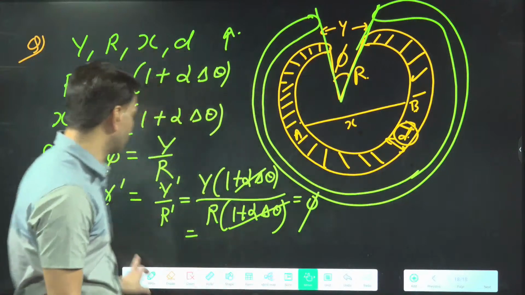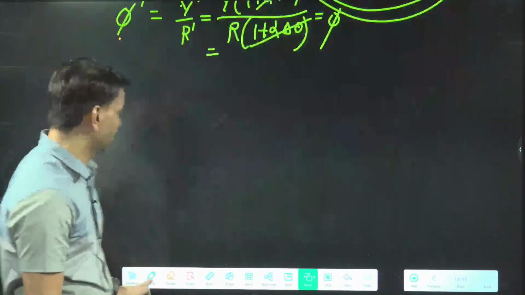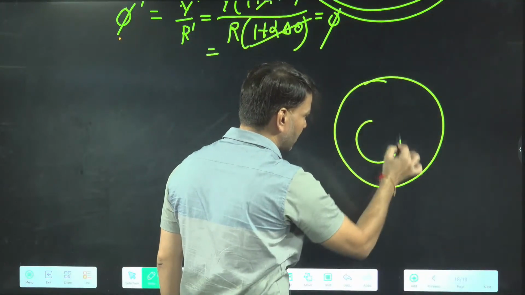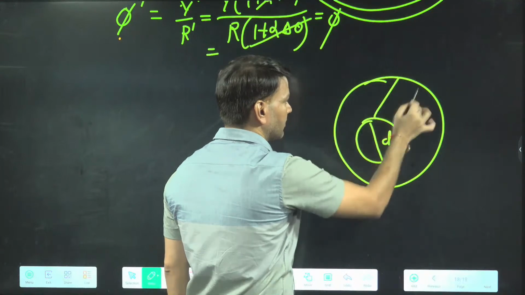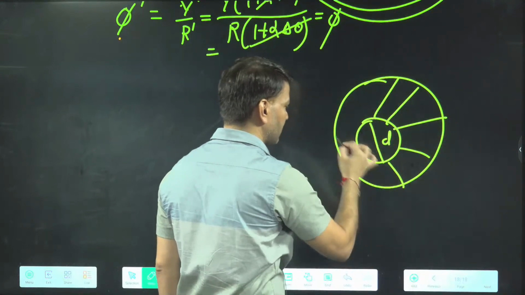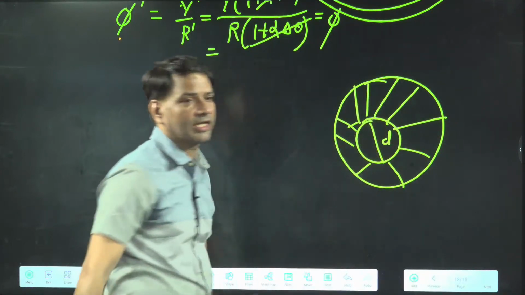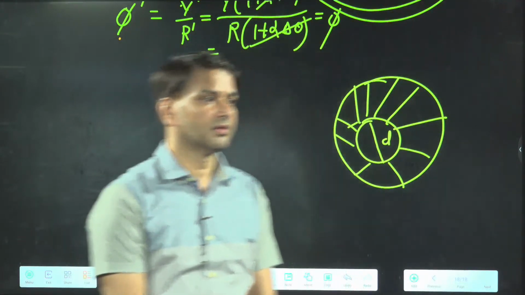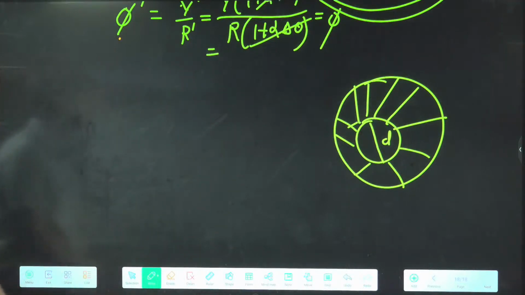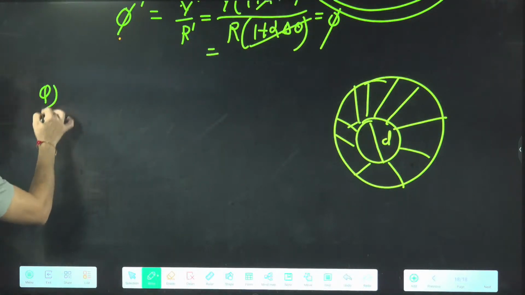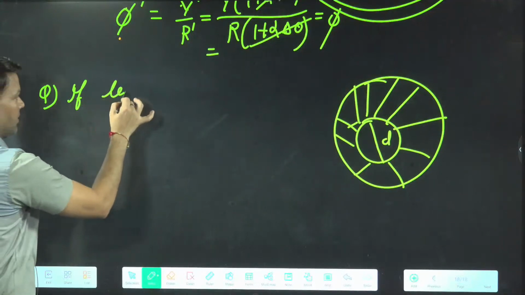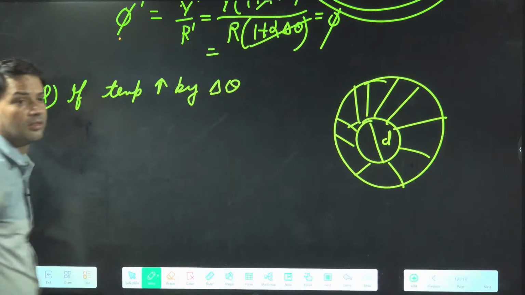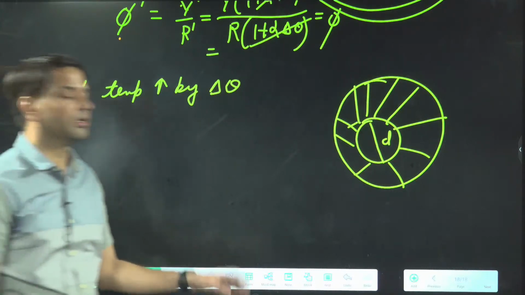Same problem, suppose they have given a disc, and in that disc there is a hole of diameter d. What is the effect on the diameter when the temperature increases? What is the change in the diameter? If the temperature increases by delta theta, then the diameter of the hole will also increase.